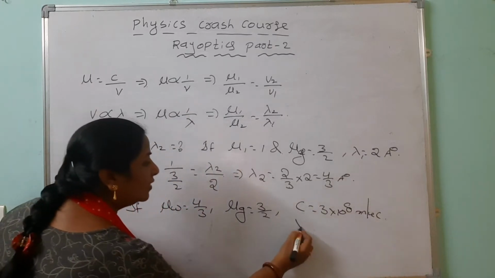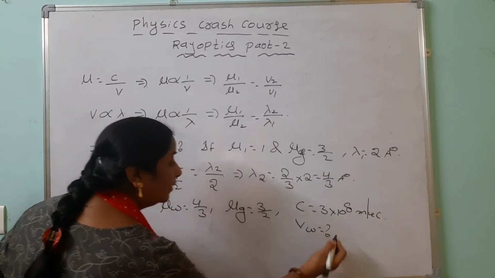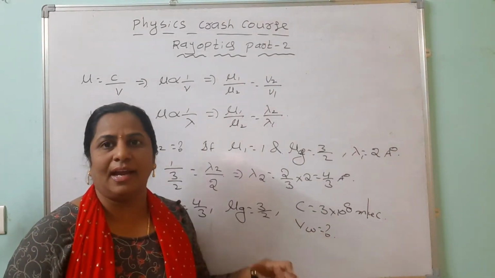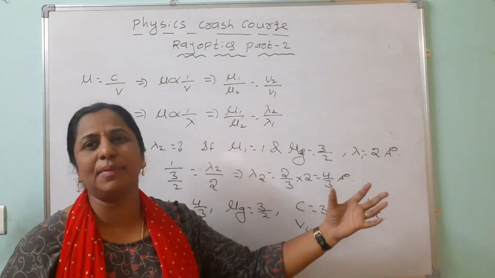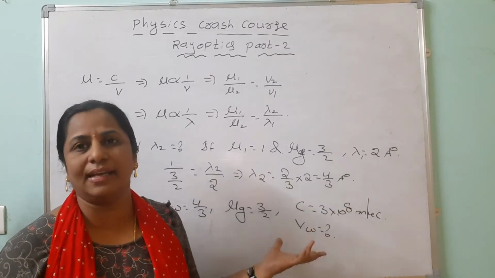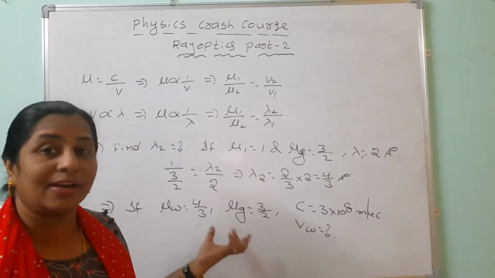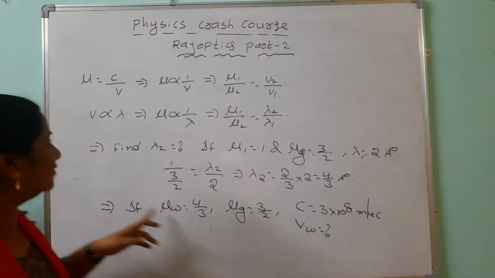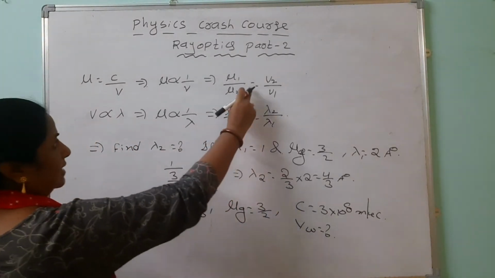Then how do we find the velocity of light in water? Not only water, but oil, glass, or whatever material other than air, you can find the velocity of light in that particular medium. How? With the help of this formula.